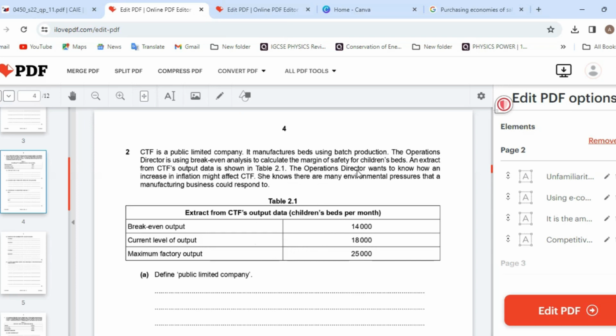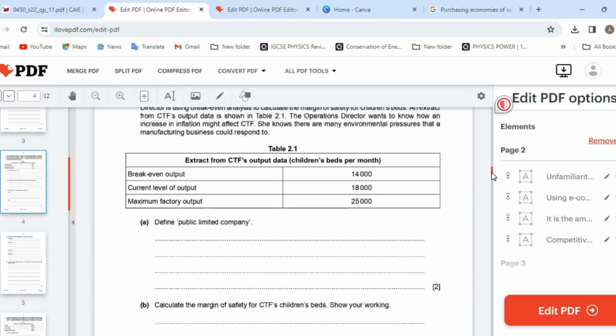The operations director wants to know how an increase in inflation might affect CTM. She knows there are many environmental pressures that a manufacturing business could respond to. Now, our first question here says, define public limited company. What do we understand by public limited company?